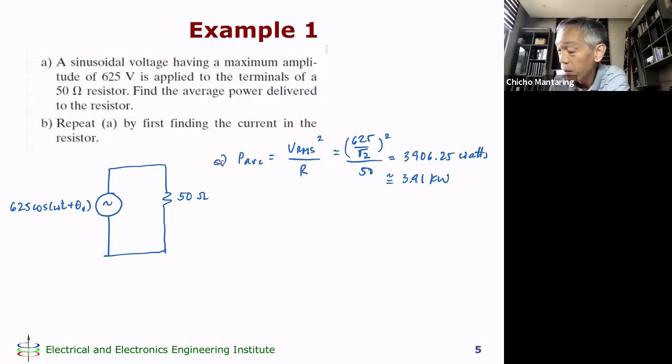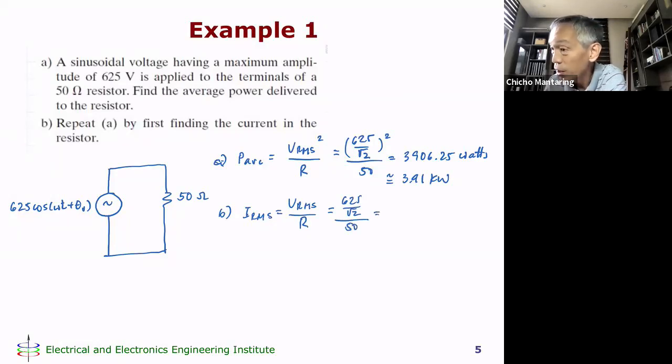Now I could have computed for IRMS. IRMS is just VRMS over R. And if I computed for IRMS, what is this? This is 625 over the square root of 2 all over 50.